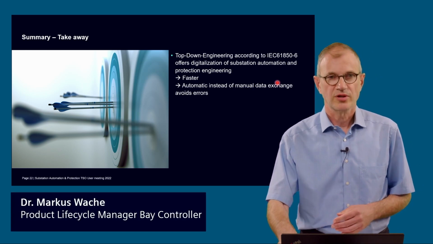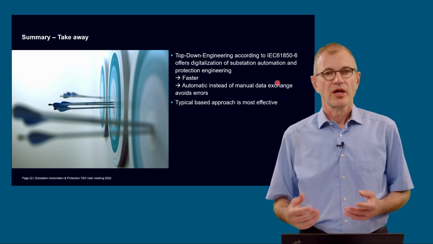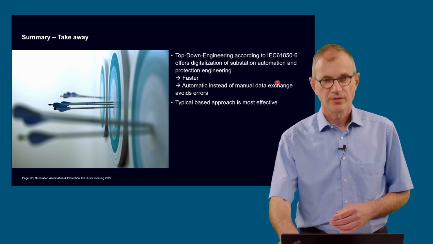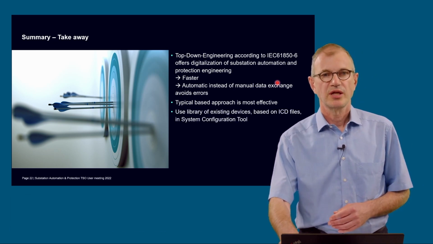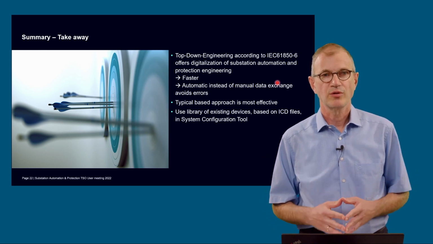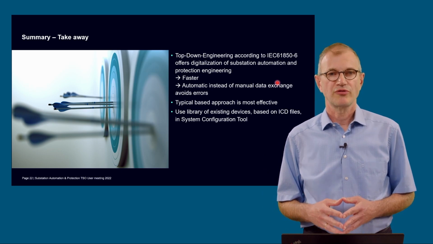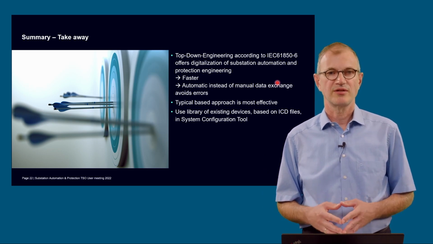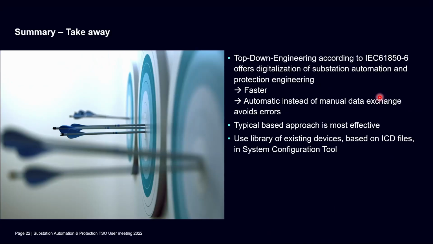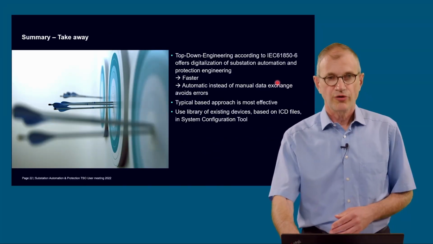That, of course, avoids errors. A type-based approach is most effective, but I think you do that anyway. And a hint from the manufacturer side: use a library of existing devices based on ICD files in the system configuration tools. Thank you for your attention.